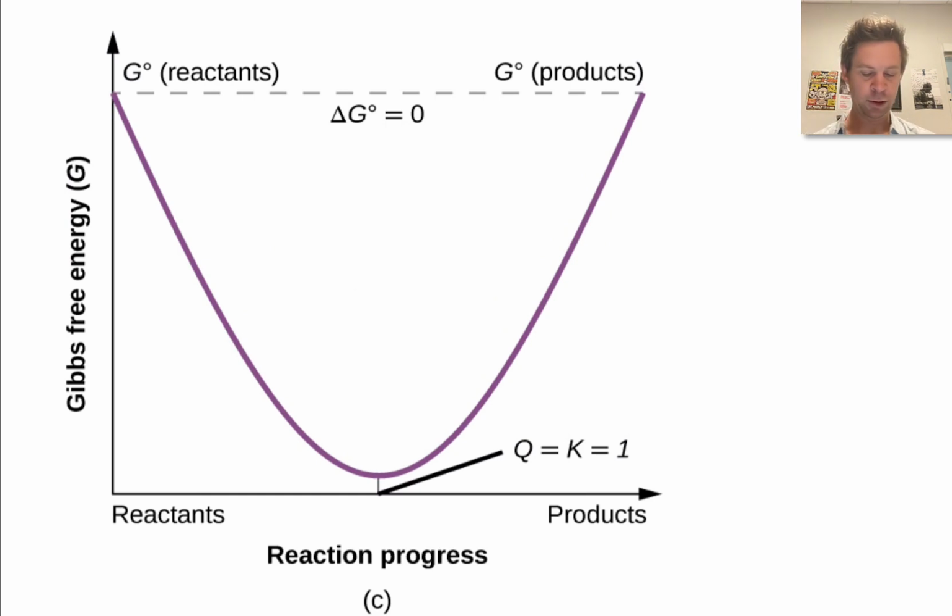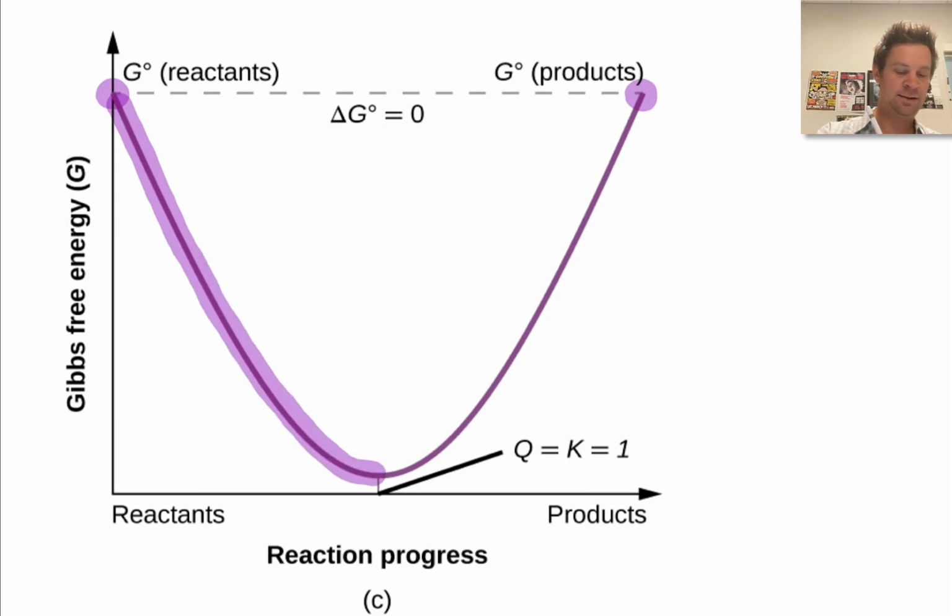ΔG0 equals 0, we can tell because the reactants and products are at equal heights on this graph. And if we start, for example, with pure reactant, the free energy of the chemical system will fall as the reaction proceeds until we hit the equilibrium state at which K is equal to 1.